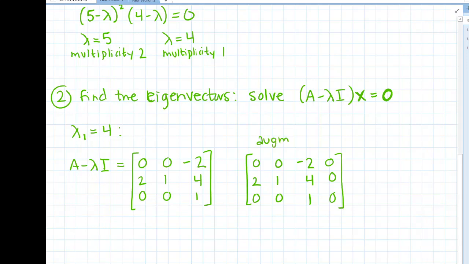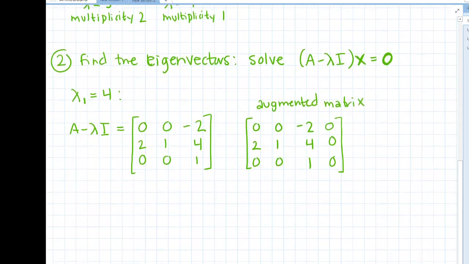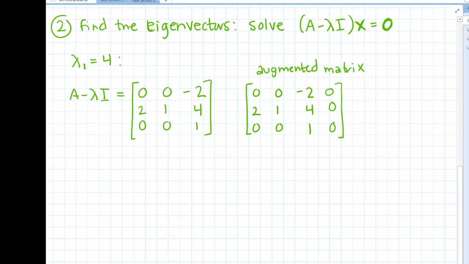I don't want to actually go through together the process of reducing that because I think that's something that you all have a handle on by now. So if you take that matrix and reduce it, you should find that it reduces to the following: 2, 1, 0, 0.